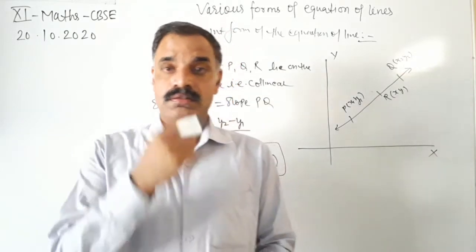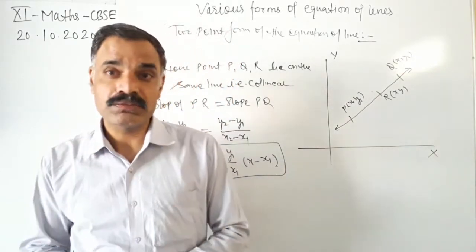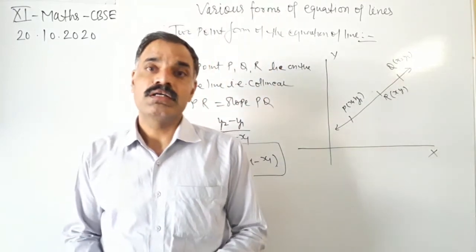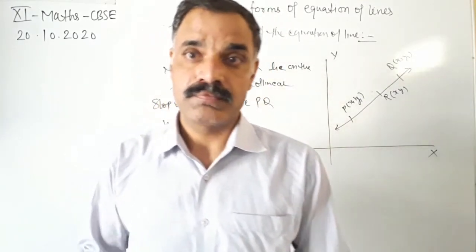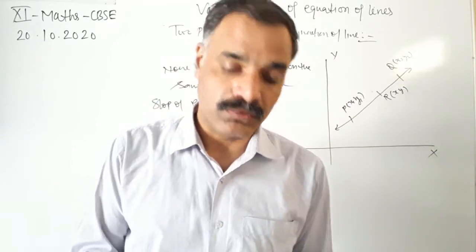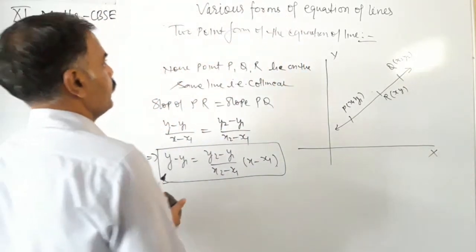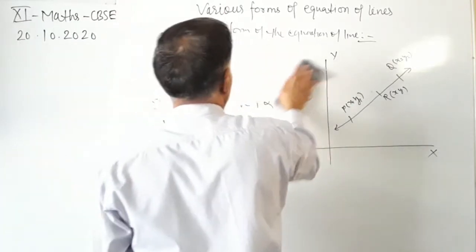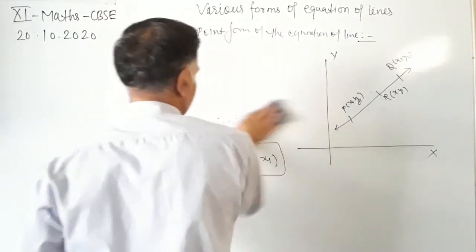Now the next form of the equation of a line is the intercept form of the equation of the line. So write down the intercept form.